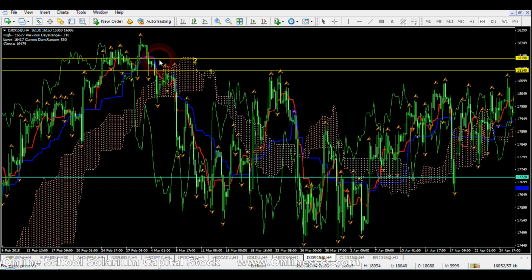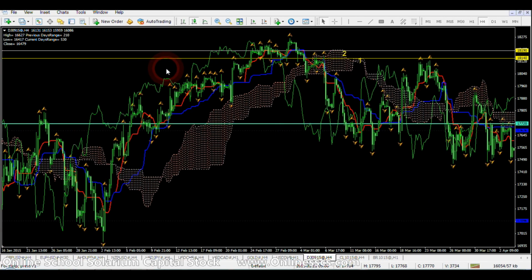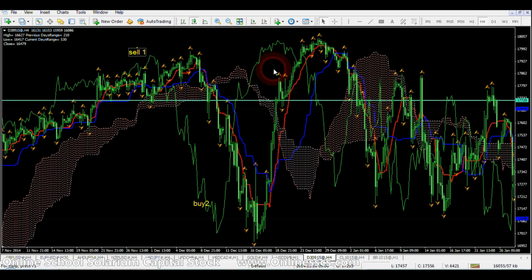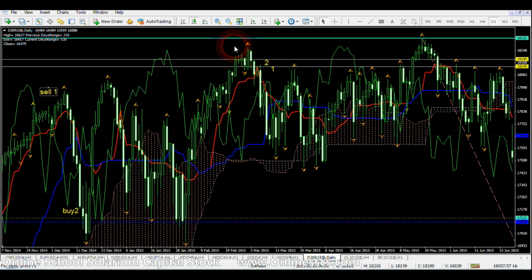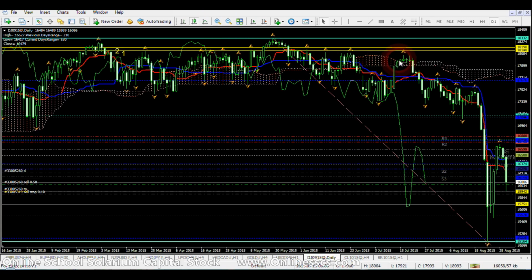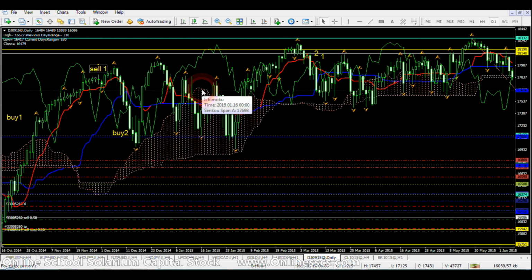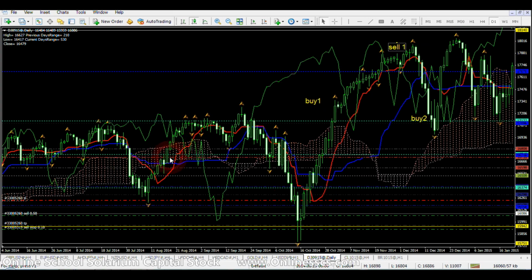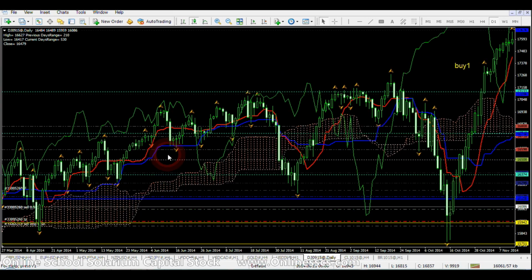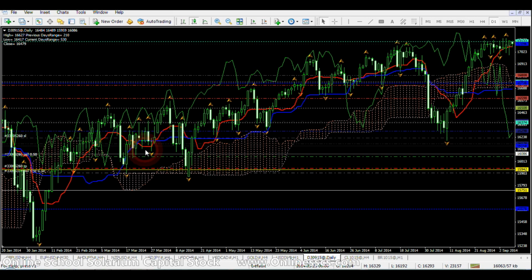It rarely happens at the top of the chart, but we have a lot of highs. Let me raise my time frame. We have one here. You see one here. The trend has gone down.